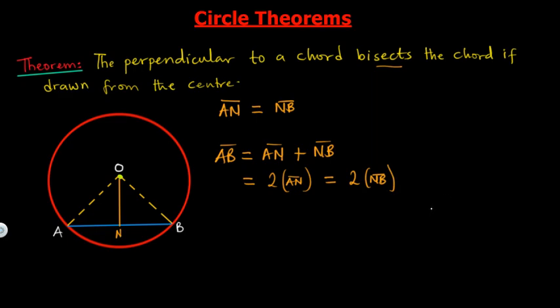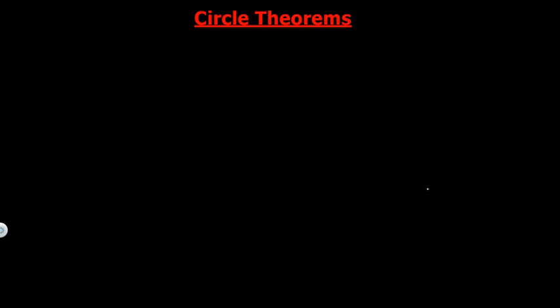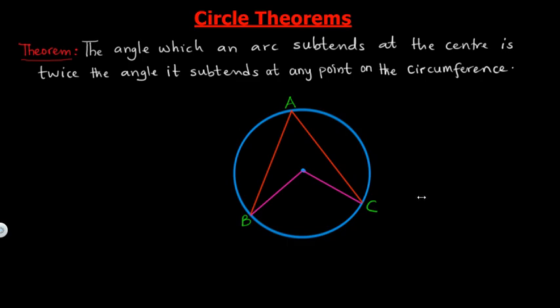Let's go further. This is another theorem that says the angle which an arc subtends at the center is twice the angle it subtends at any point on the circumference. Let's first carve out from this point B to this point C what we call an arc.